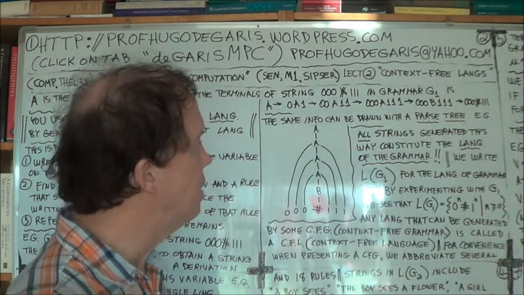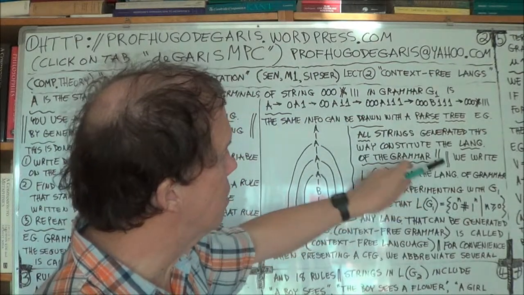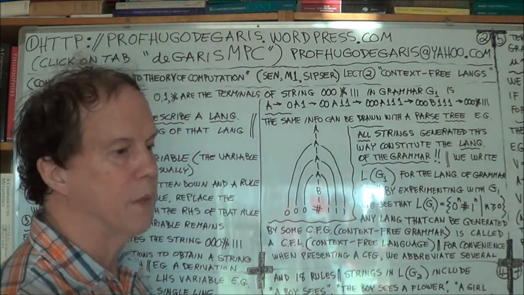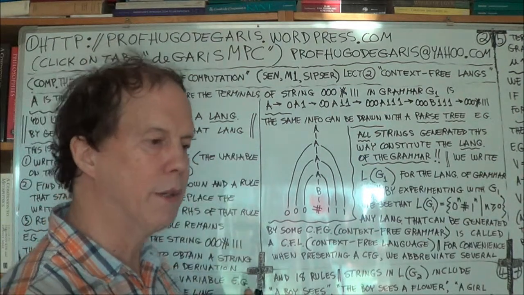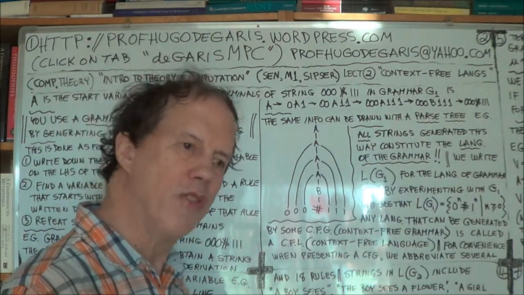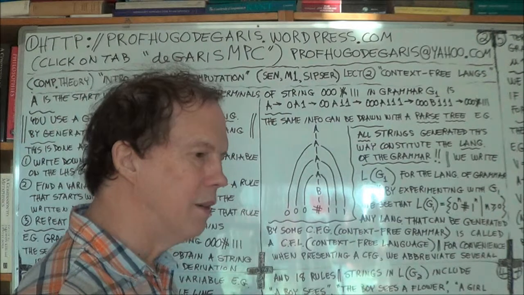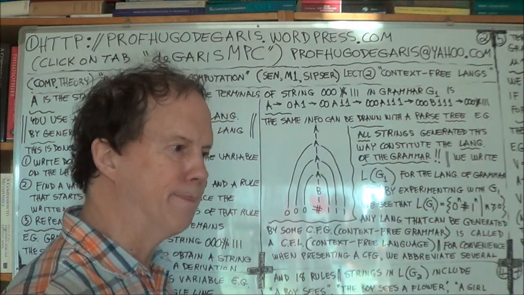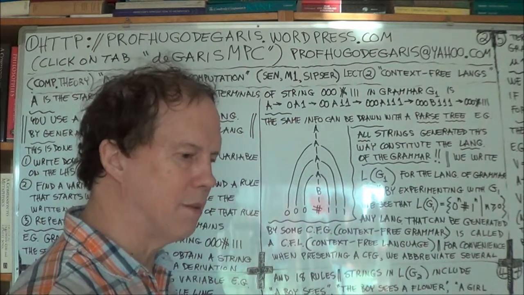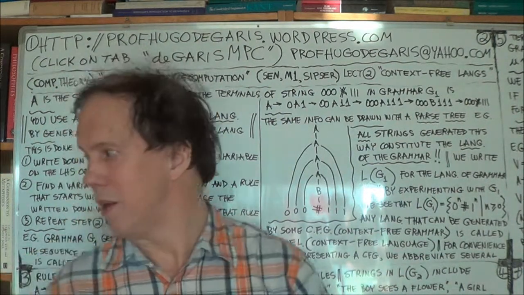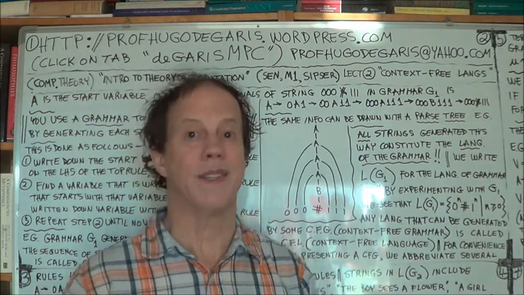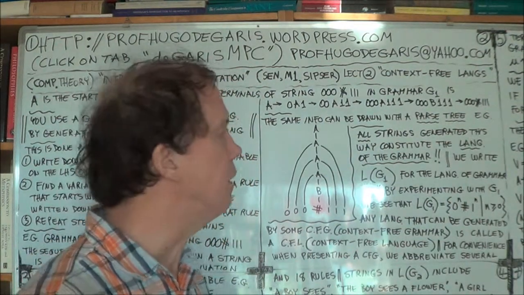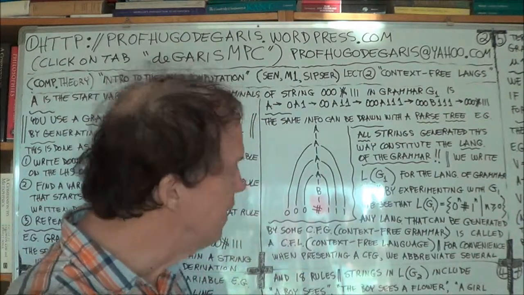Put it that way. Two exclamation marks, a really important concept. So you're using the grammar to make the strings. That's the essential idea of this whole chapter, so the core idea, so you really get it.